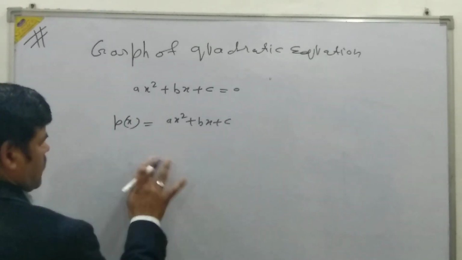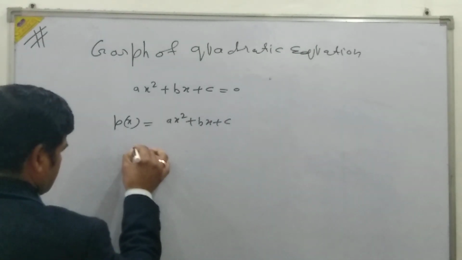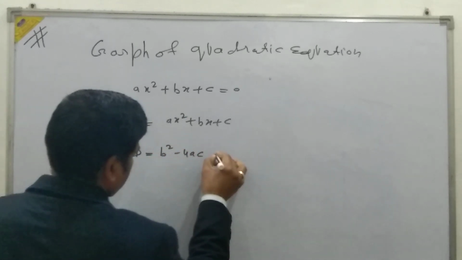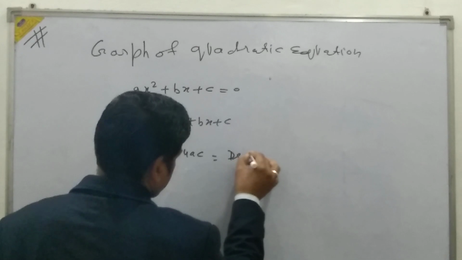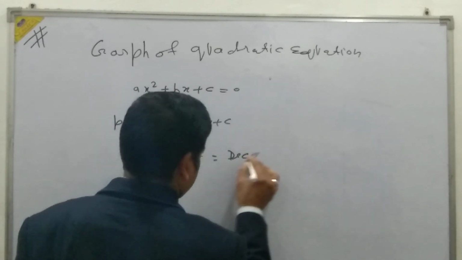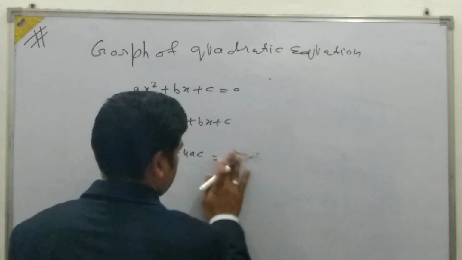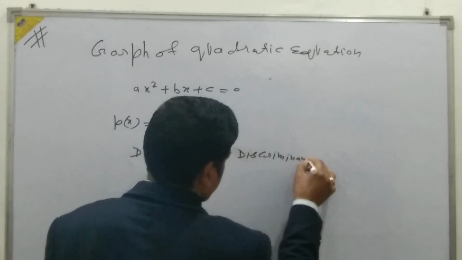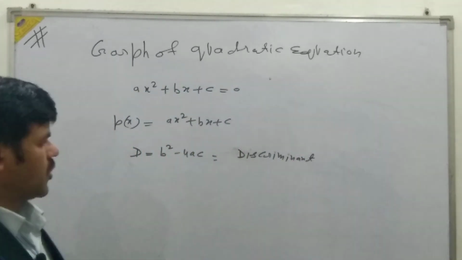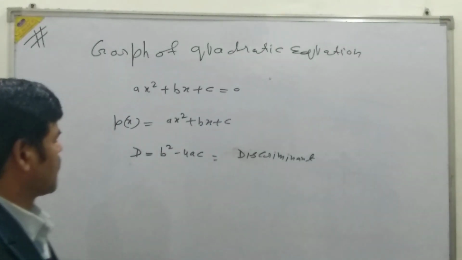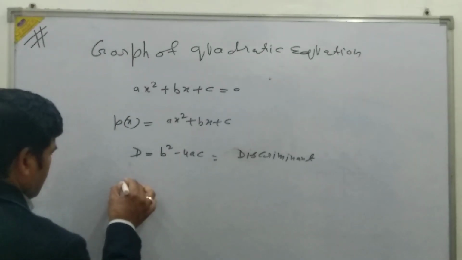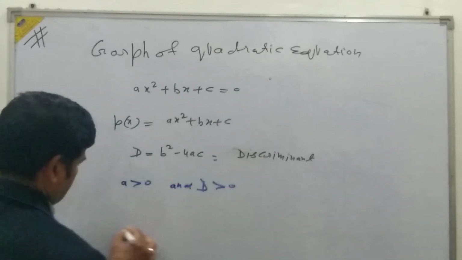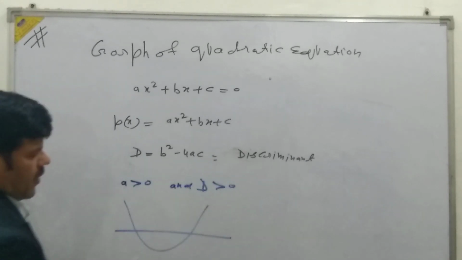B square minus 4ac is called the discriminant, and it is also denoted by D. If a is greater than 0 and D is greater than 0, the graph will be an upward parabola.